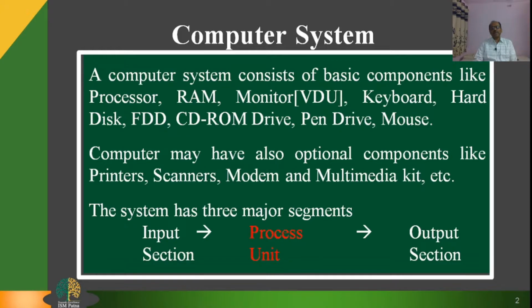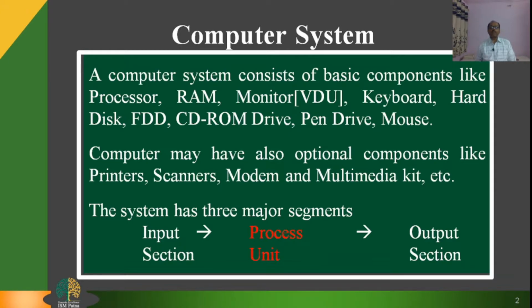The system has three major segments. The originating one is the input section, from where we input data and instructions, and that goes to the process unit, where it is processed and becomes a result, and afterward goes to the output section, and from there we get results, I mean output.